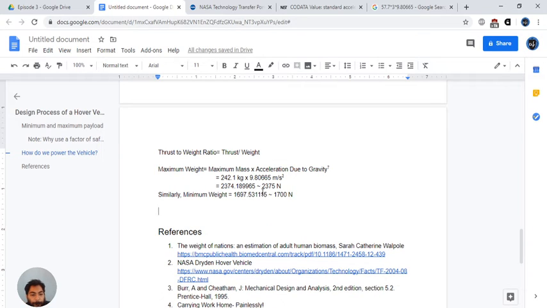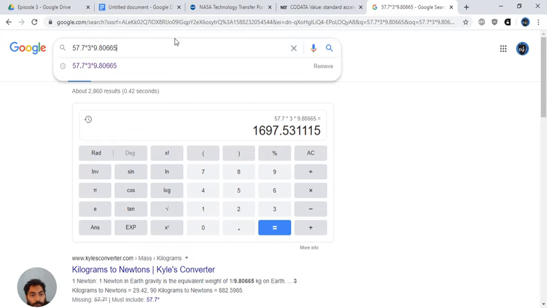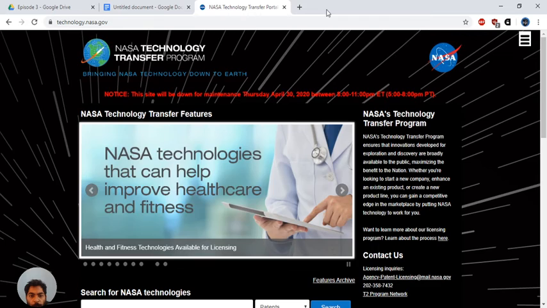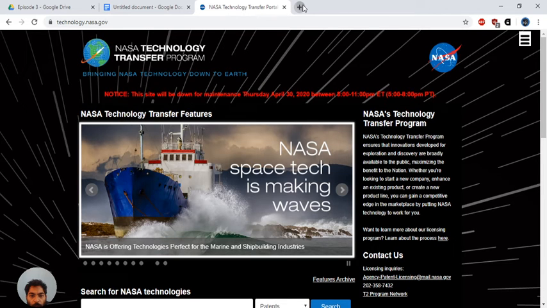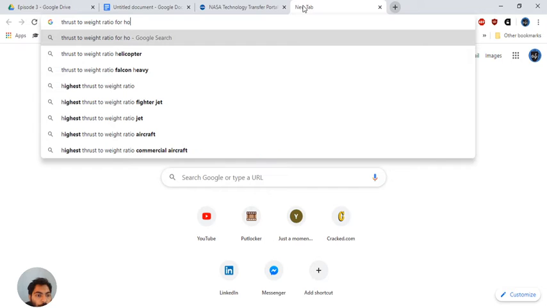So here's the thing. If you want it to be suspended in the air, thrust to weight ratio for hovering.